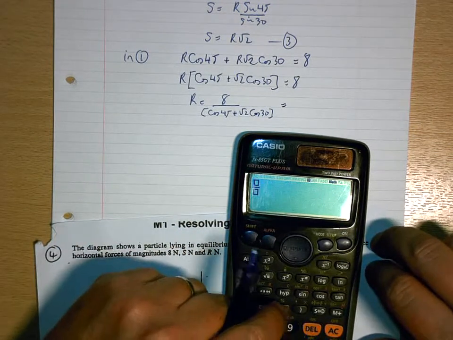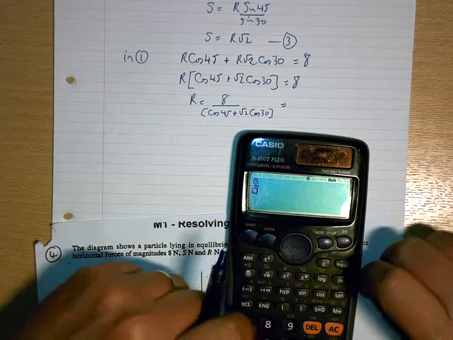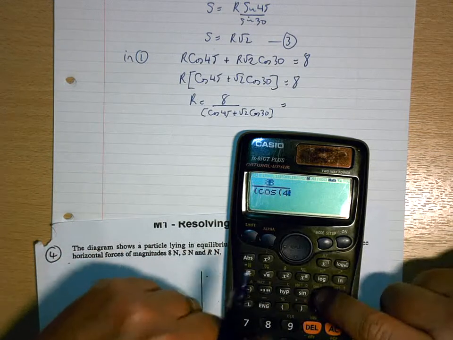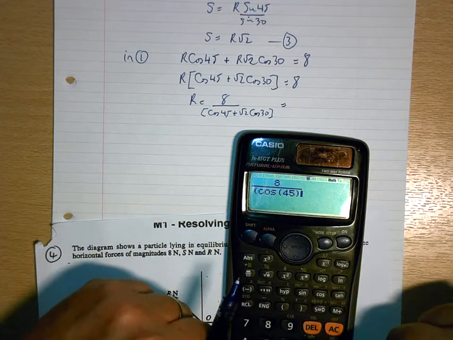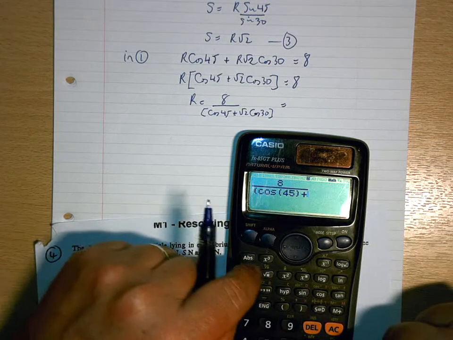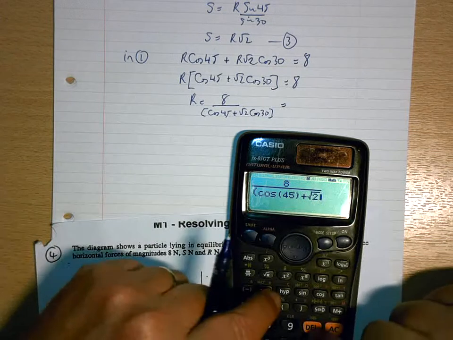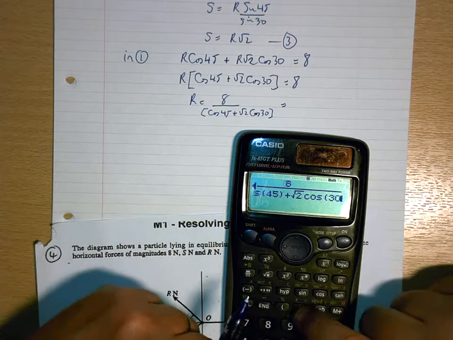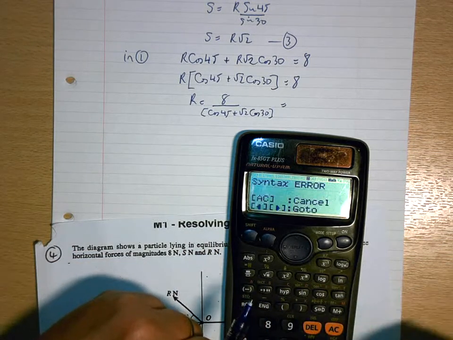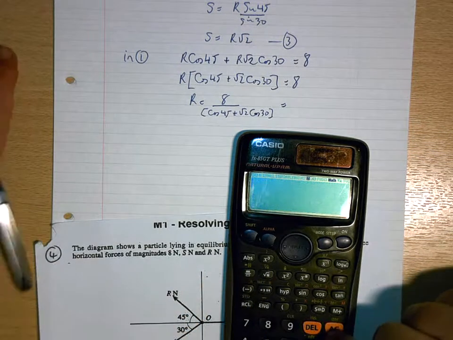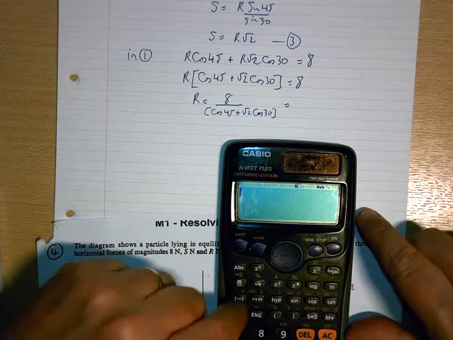Fraction button, 8 on top, and underneath open bracket, cos 45 close bracket plus root 2 cos 30 close bracket equals, ooh, what happened then? Maybe it's not as snazzy as I thought. Try it again.